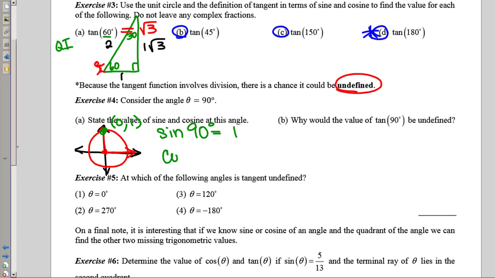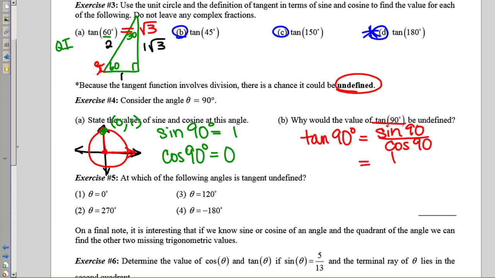And the cosine of 90 would be the x value. So if we were to try to evaluate the tangent of 90, that would be the same as saying the sine of 90 over the cosine of 90, which means that we would have 1 divided by 0, which of course is undefined. We can't have division by 0.